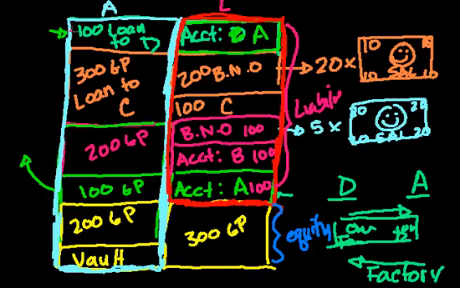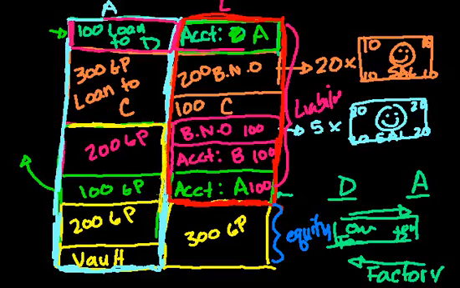Remember, every time it issued a loan, like right here, it issued a 100 gold piece equivalent loan to D, and instead of giving D 100 gold pieces, it just created a checking account for D, which later D paid to A, and that's why it's labeled A right here. And let me relabel another thing, just so you see the gold. This is the gold part of the assets.